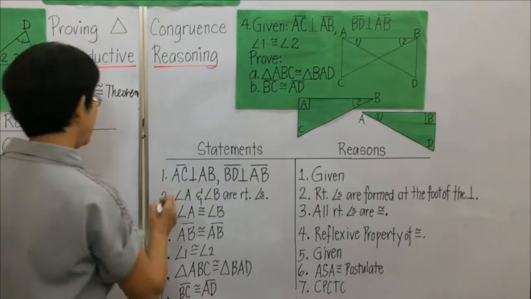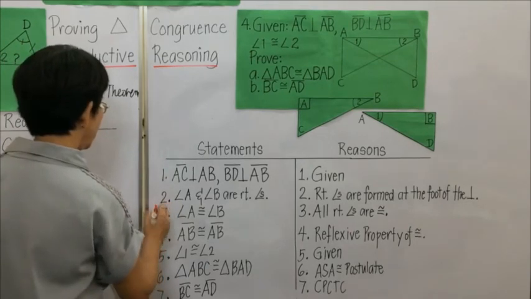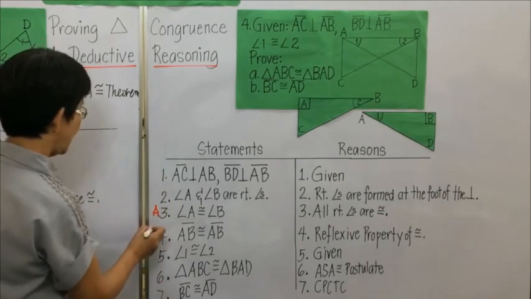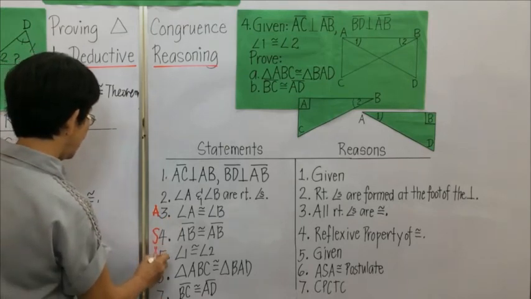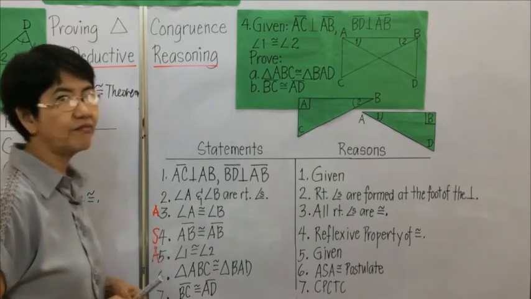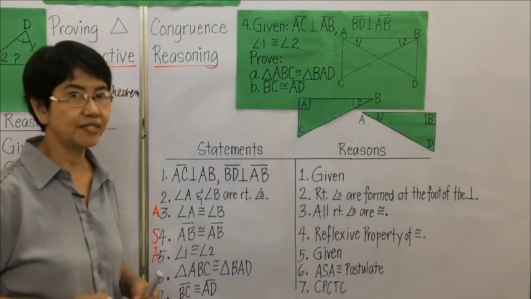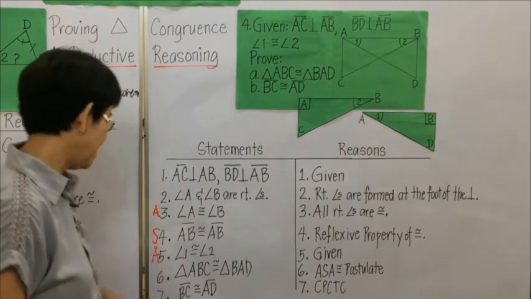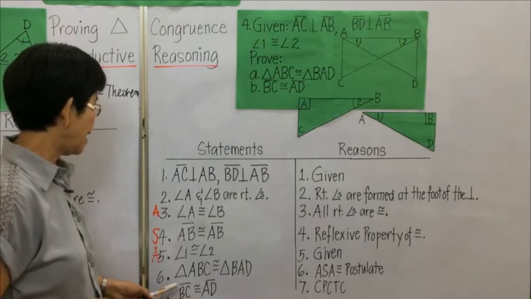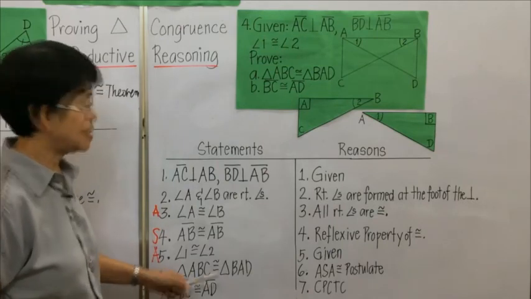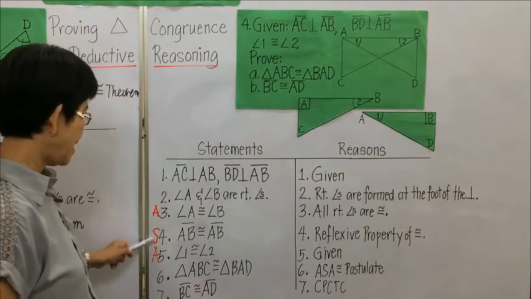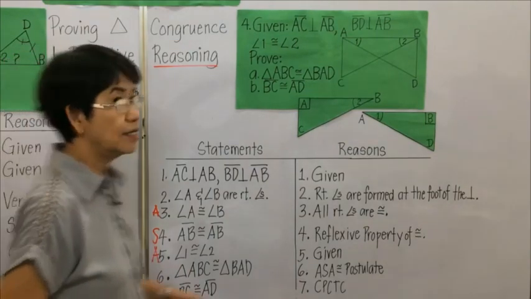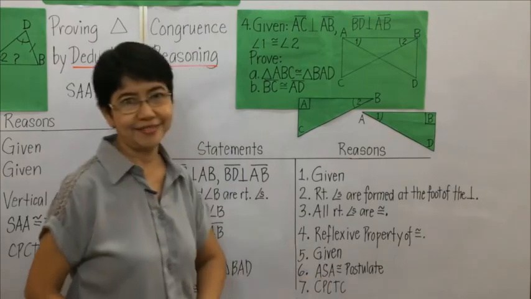We have an angle, and then a side, and then another angle, and we have enough evidence to prove that the two triangles are congruent. Therefore, we can say triangle ABC is congruent to triangle BAD by ASA, or the ASA congruence postulate.